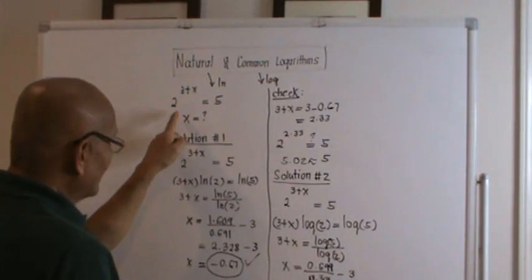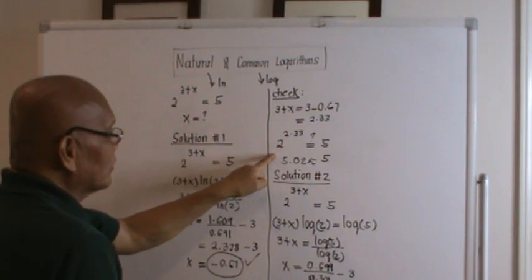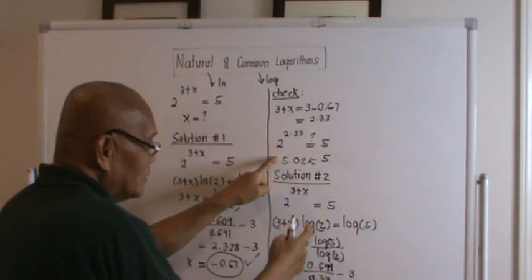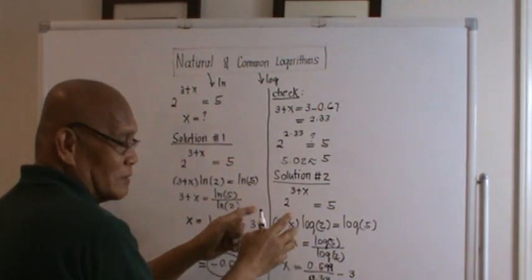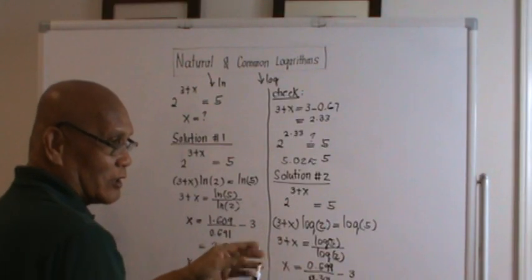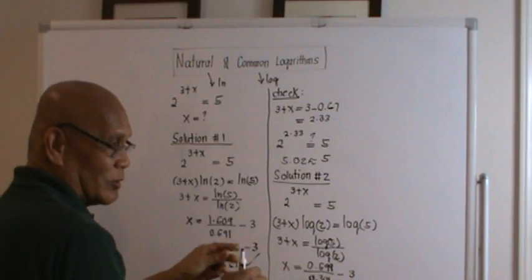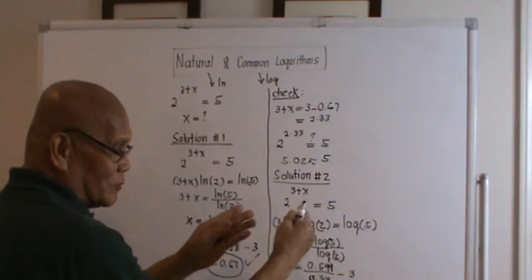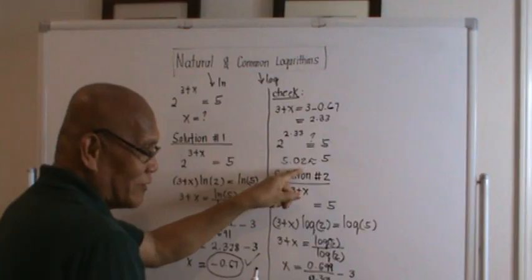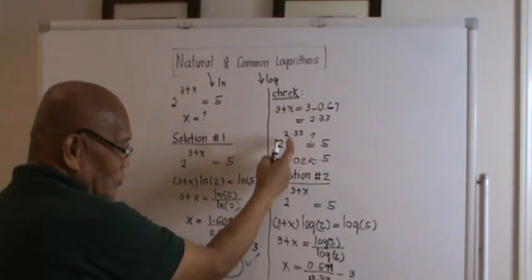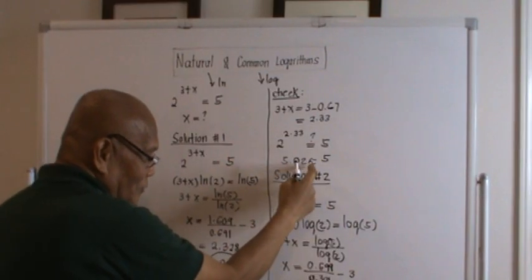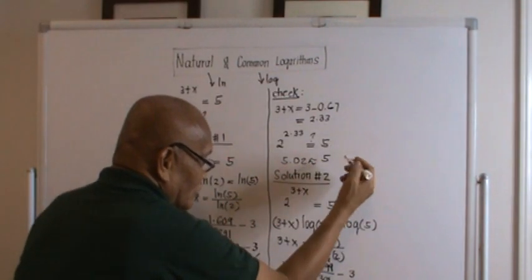And if we raise the base, which is 2, to 2.33, the question is, will it be equal to 5? There is just a little discrepancy that is simply due to the accuracy of the calculator, plus the truncating of the significant numbers. That's where the 0.02 came out. But 2 raised to 2.33 is approximately 5.02, and this is approximately equal to 5.